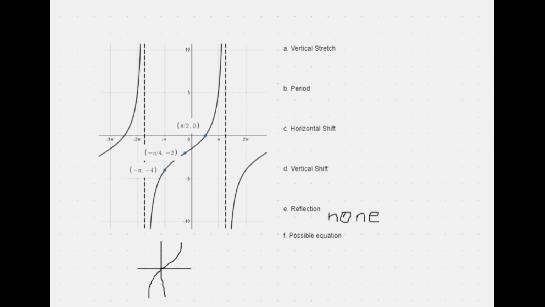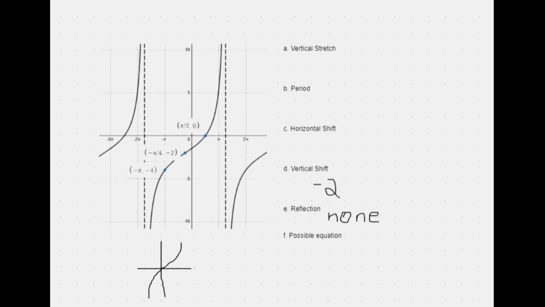So whatever the vertical shift is, it's really going to demonstrate how far up or down this middle point has been translated. So we know the origin is here. To get to the middle point, it looks like we actually have to go down 2. So vertically, it looks like we have been shifted down 2. So for the vertical shift, we can just put -2, which represents 2 units down.